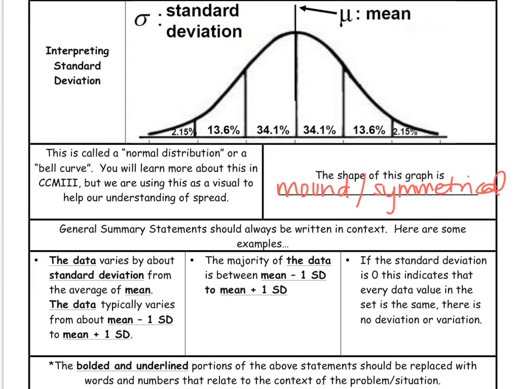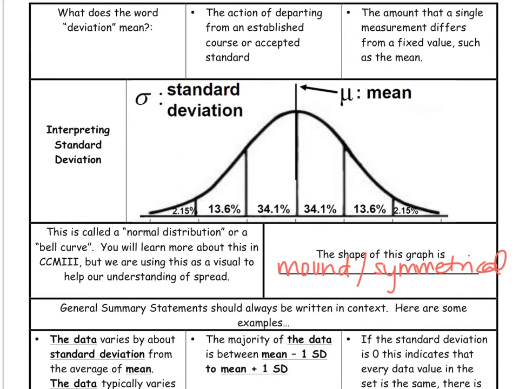So here are the general summary statements that should always be written in context about standard deviation. The data varies by about whatever data we're talking about, how many standard deviations from the average or mean. And the data typically varies from about the mean, which is the center, minus one standard deviation, and we're going to figure out what that number is, to the mean plus one standard deviation. So the majority of the data set is between how many standard deviations.